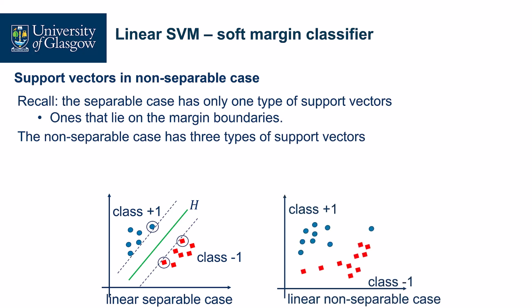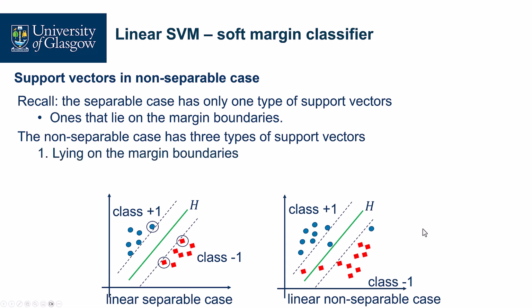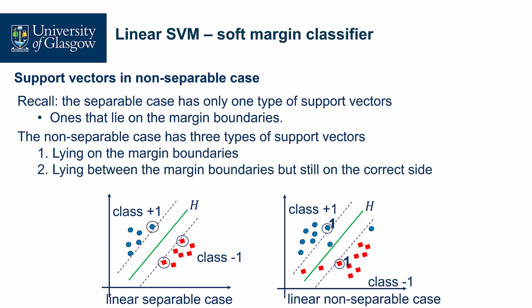The first type, let's say class positive 1, class minus 1, they're still a hyperplane with two margin boundaries. The type 1 is the same as before, lying on the margin boundaries. This is the same as the hard margin case. The type 2 we can see is like this. They lie between the margin boundaries, but they are still on the correct side.